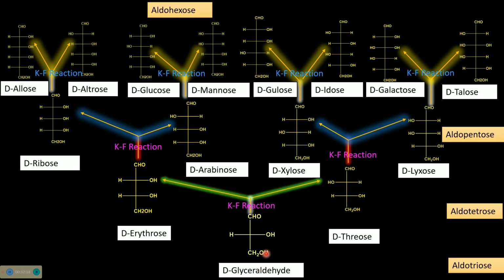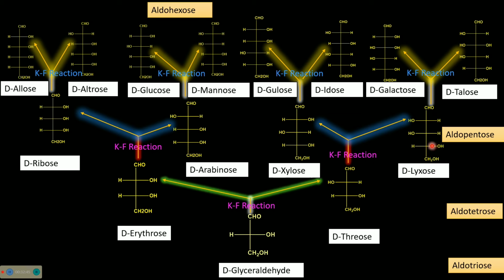So from D-glyceraldehyde, an aldotriose, we will get D-erythrose and D-threose, the aldotetroses. D-erythrose gives D-ribose and D-arabinose. D-threose gives D-xylose and D-lyxose.